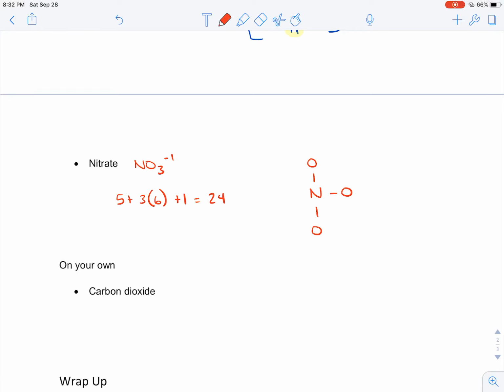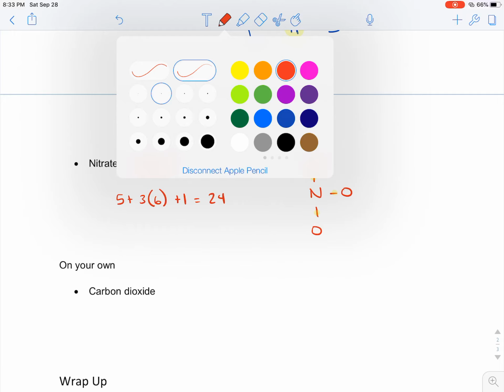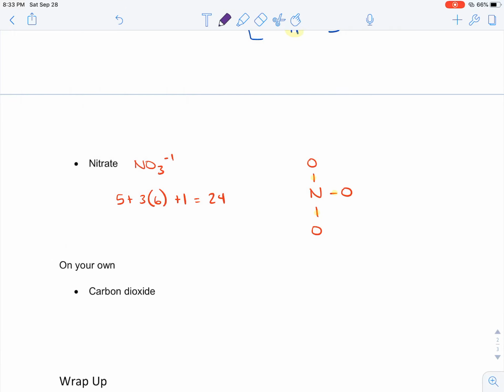At this point, we have now placed 6 electrons, if we're counting 2, 4, 6, and we're ready to fill our octets of our non-central atoms, which would be our terminal ones. So 2, 4, 6, 8. Now we've got 2, 4, 6, 8, 10, 12, 14, 16, 18, 20, 22, 24.